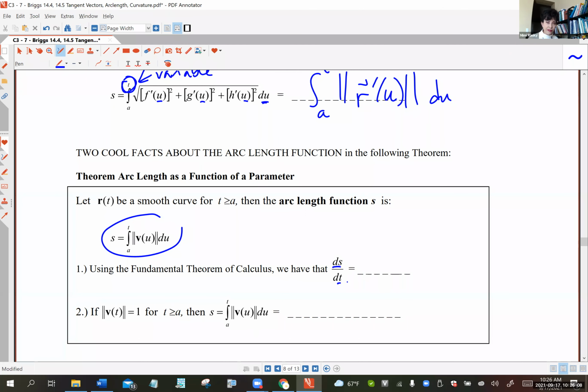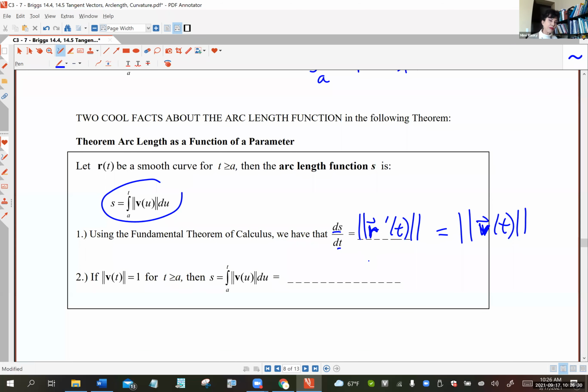The derivative of this arc length function is going to be the speed itself, evaluated at t, which is the same as, if you want to use different notation for the velocity vector, v instead of r prime. They're both the same.